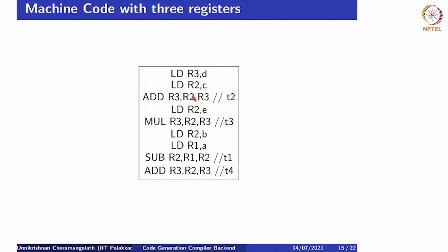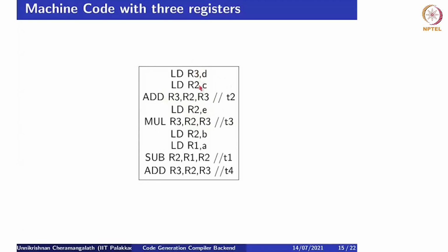Now to compute T3, you load E into R2, then use mul R3, R2, R3, and you get the result in R3. If you look at the label of T3, which equals 2, we have used only 2 registers up to T3, R3 and R2.